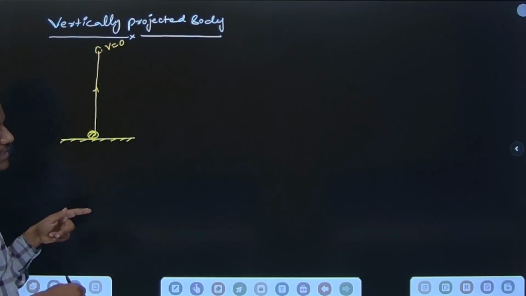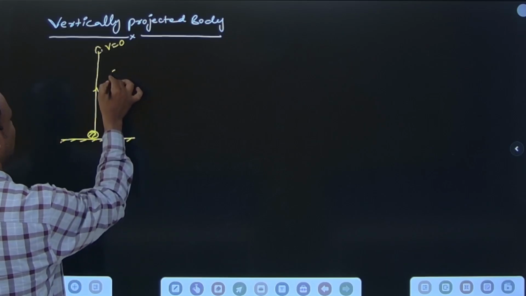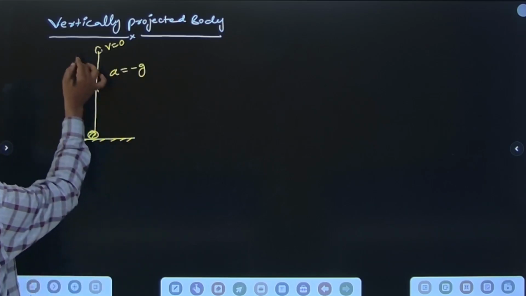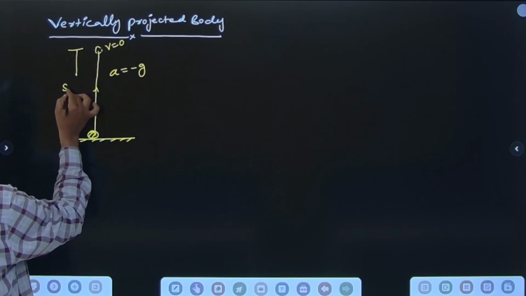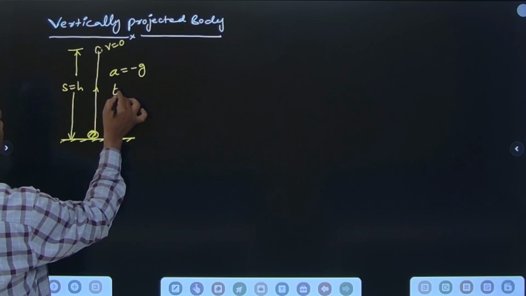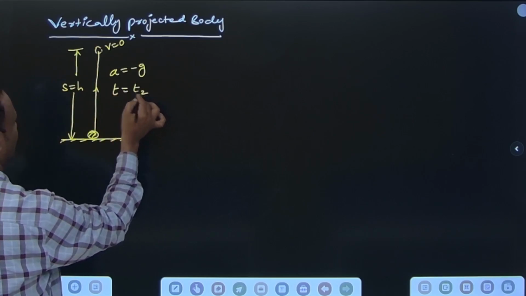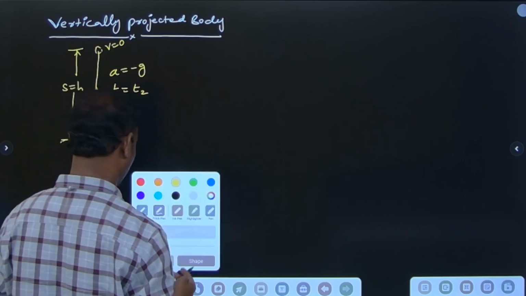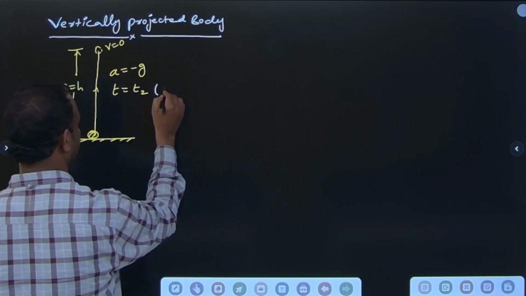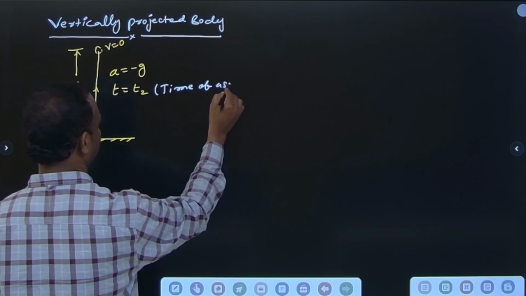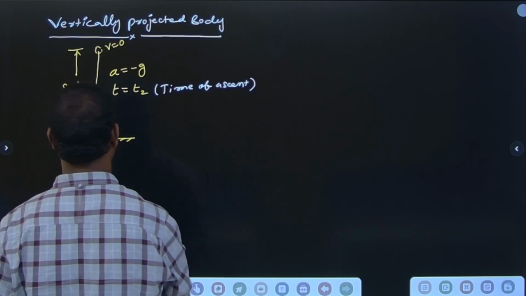Acceleration decreases due to gravity: a is equal to minus g, and s is equal to H. And t is equal to the time of ascent.